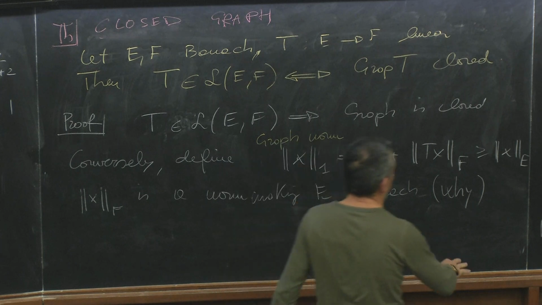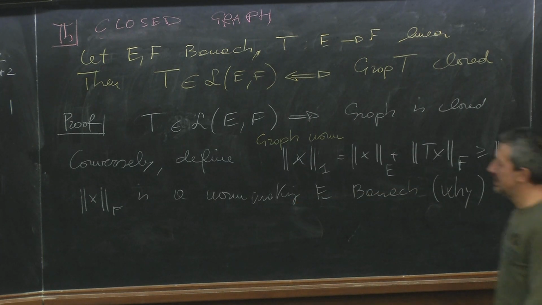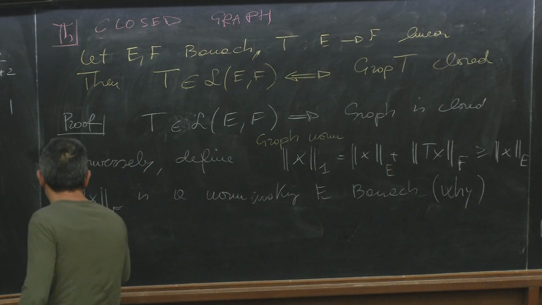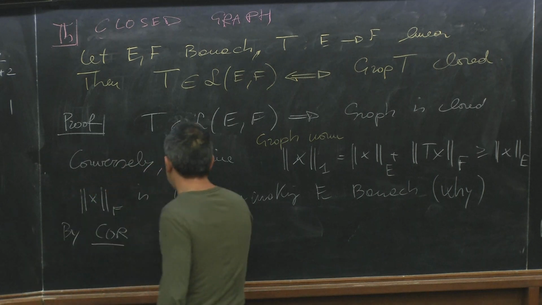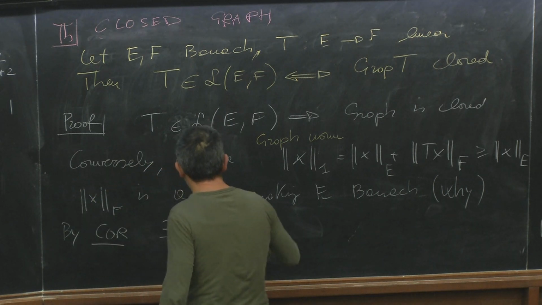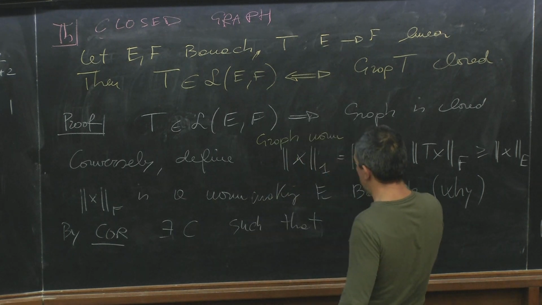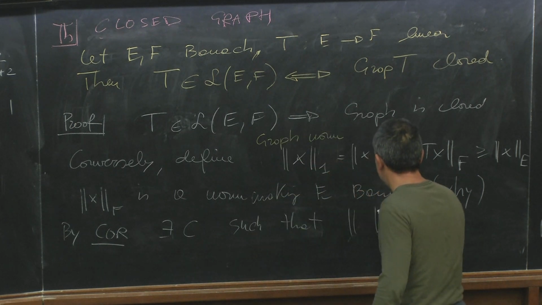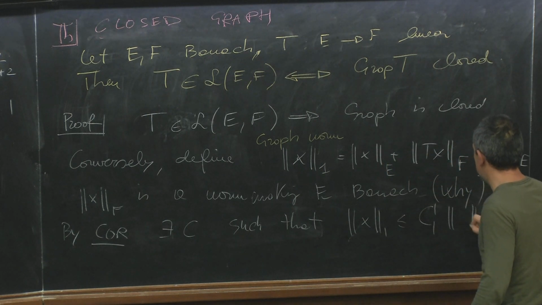Okay. So then let's apply now this thing here. By the corollary, there exists a constant C such that the new norm is less or equal than the constant C times the original norm.